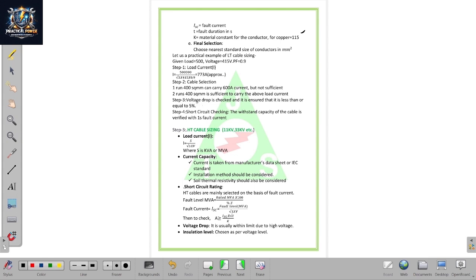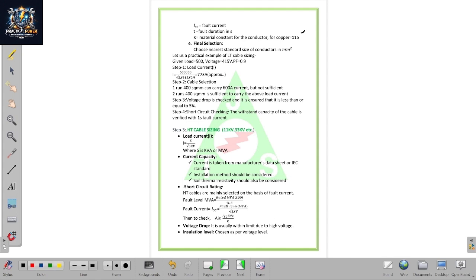Then the next one is step 3, voltage drop is checked, applying the formula given above. You have to see that it must be less than 5% if it is a power load. Then the next step, short circuit current checking.